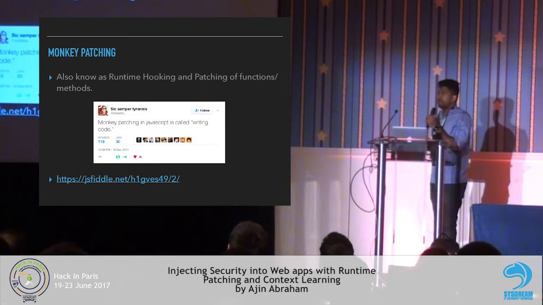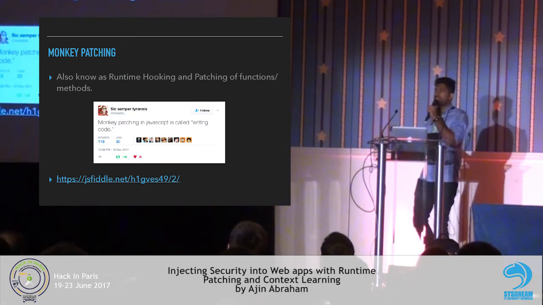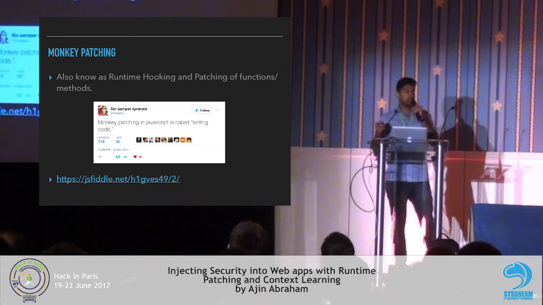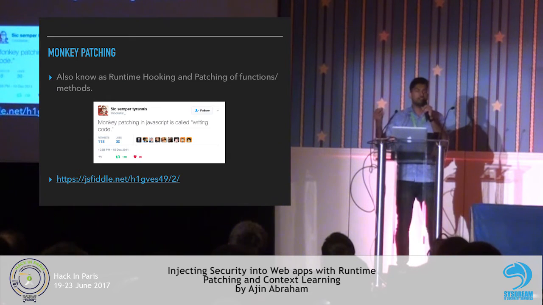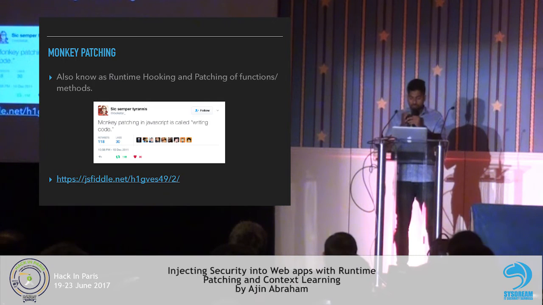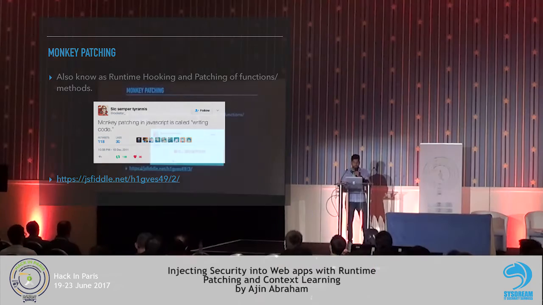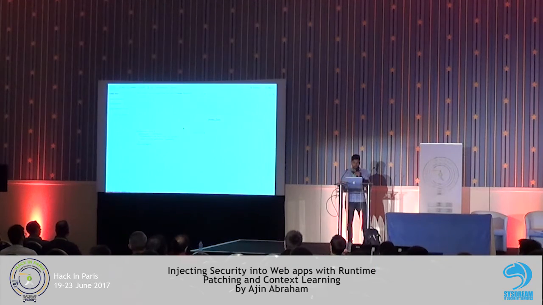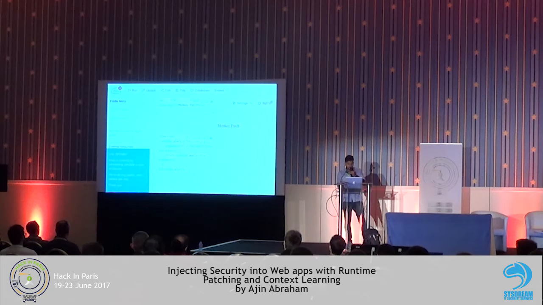Monkey patching, or runtime hooking and patching, is a methodology that allows you to change the definition of a function at runtime. Let me show an example, that's the easiest way to demonstrate this. You have an HTML anchor tag with an on-click event handler in JavaScript, which on click will alert, we love you.